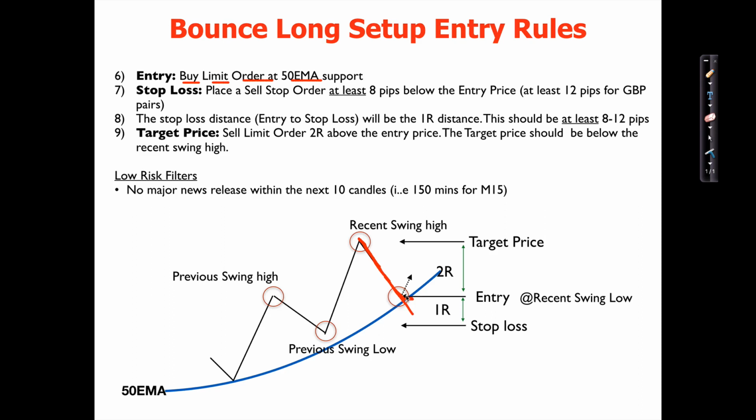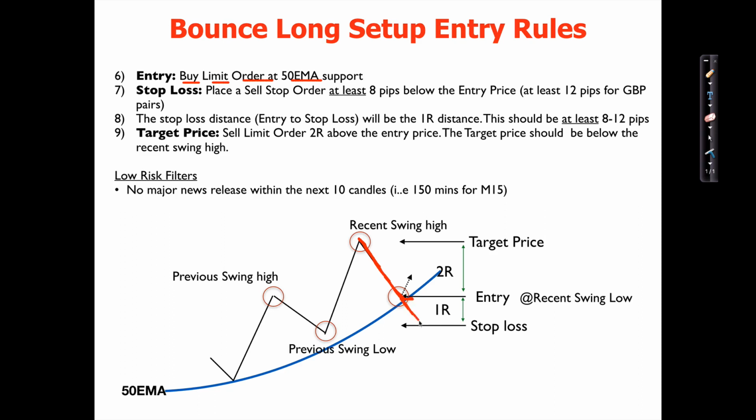So instead of a buy limit order, so recall buy limit order means you buy at this price or lower. A buy stop order means you buy at this price or higher. So in the second scenario, once the price breaks below the moving average, we place a buy stop order.